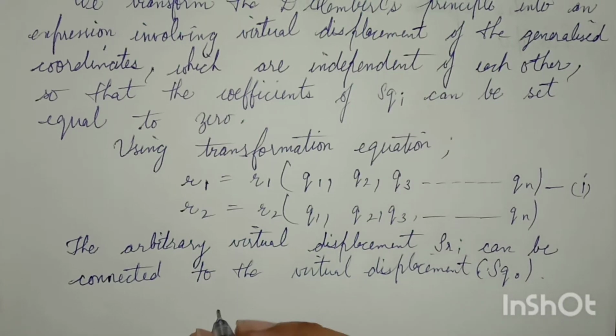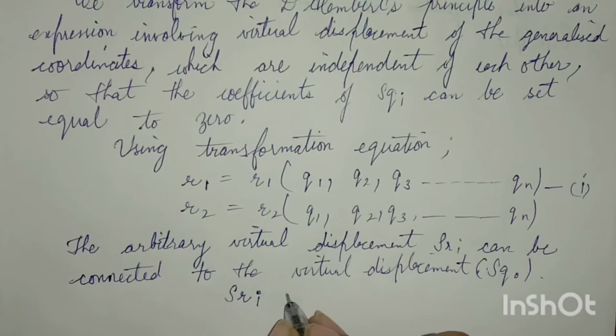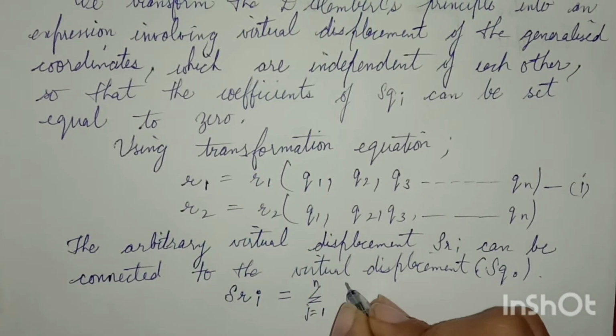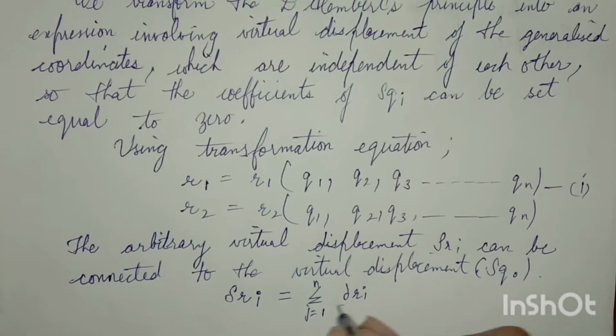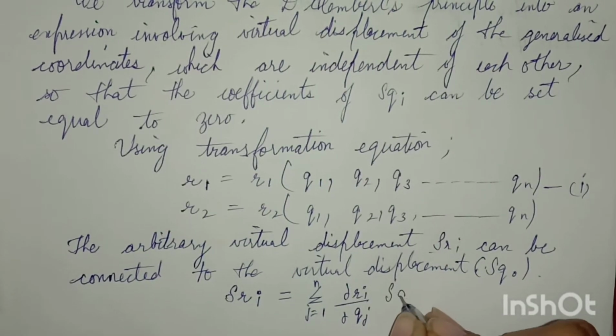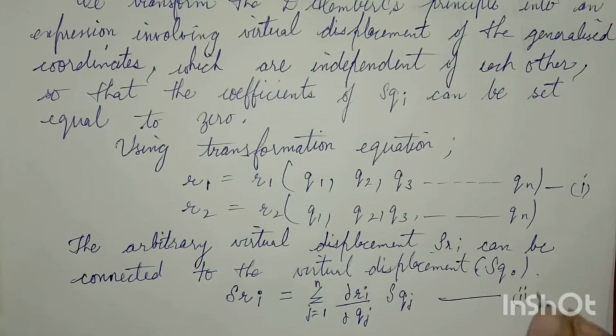So we can write delta Ri is equal to summation j equals 1 to n of curl Ri upon curl Qj delta Qj, which is our equation number 2.